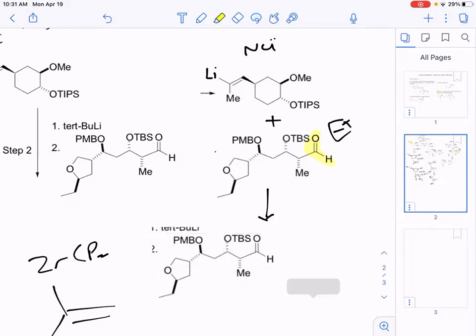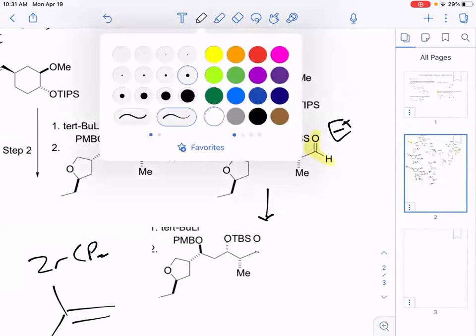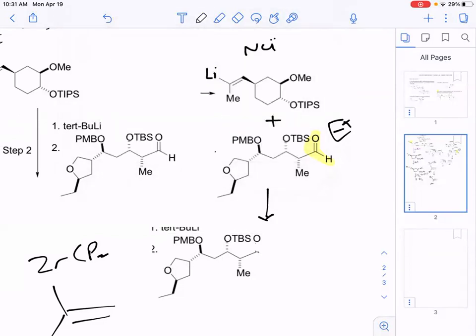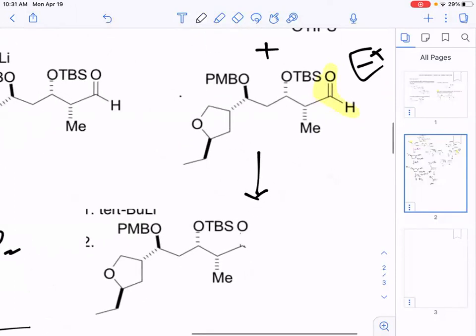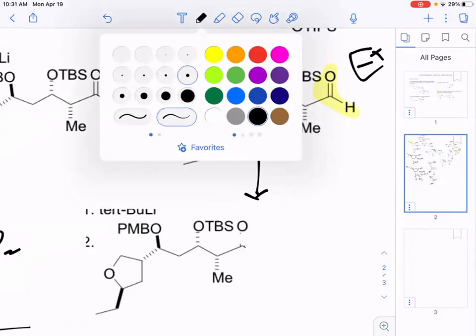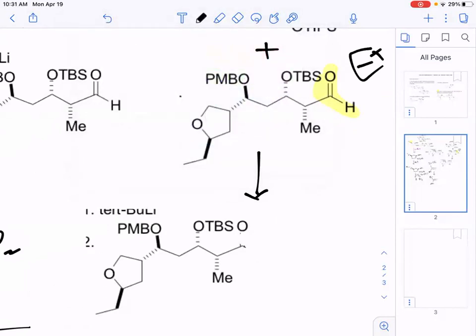Right, but here, instead of, that's probably wedged. So we're going to put a wedge line here because of the stereocenters that are already there.